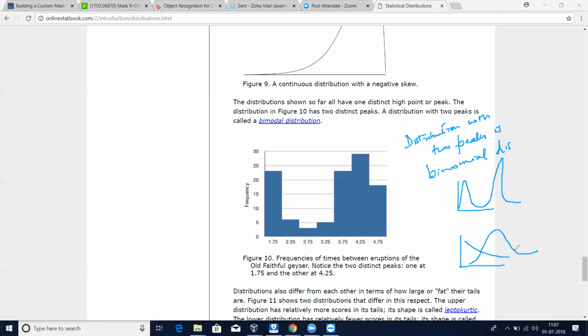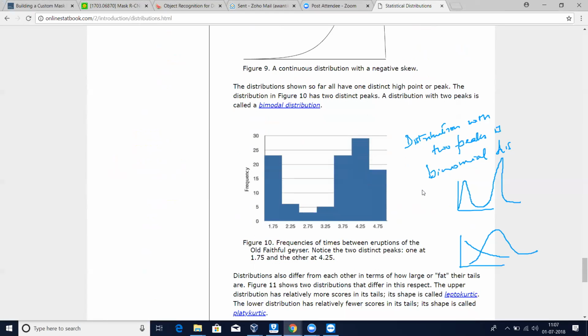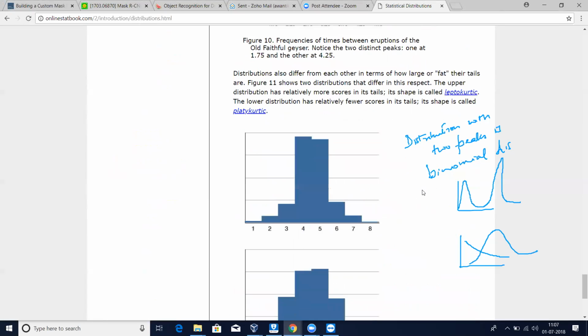So all this, normal distribution, binomial distribution, everything has a formula associated. Looking at the data, we will come to know which distribution it follows. A lot of machine learning algorithms work well if the data is normally distributed.